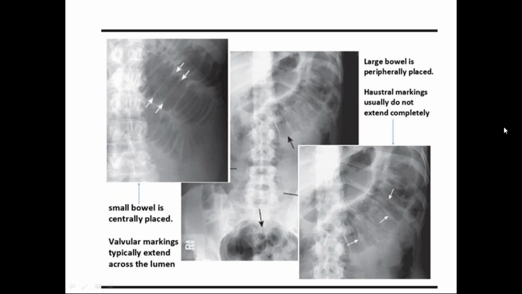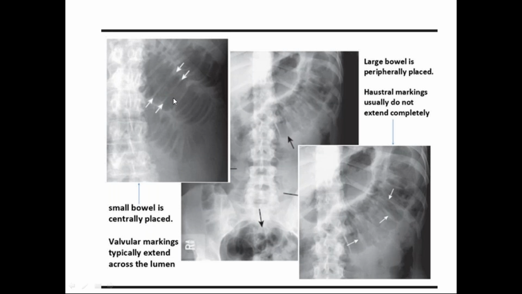And how do we identify small or large bowels on the radiographs? The large bowel is usually, as we know, placed peripherally within the abdomen, and small bowels are located centrally. So if you see any bowel shadows close to the spine, we can be sure that this is small bowel, which is placed centrally.